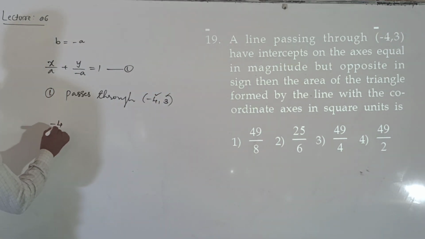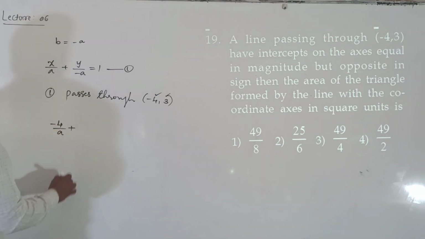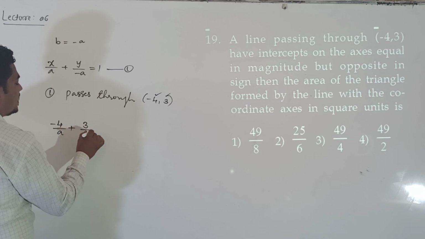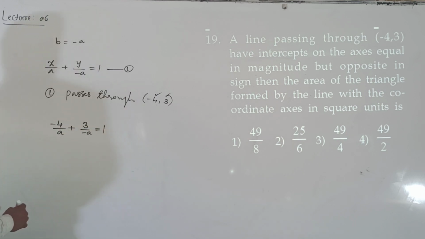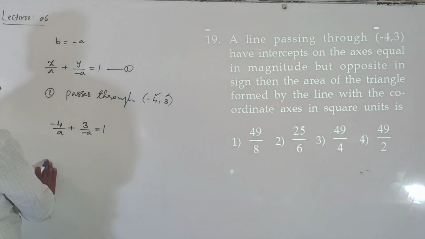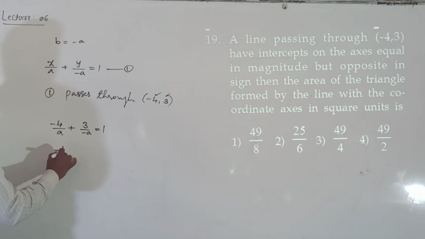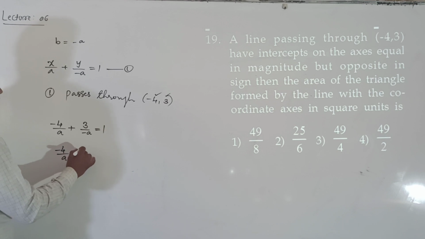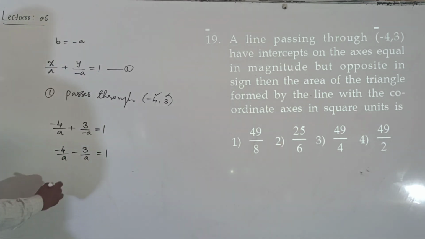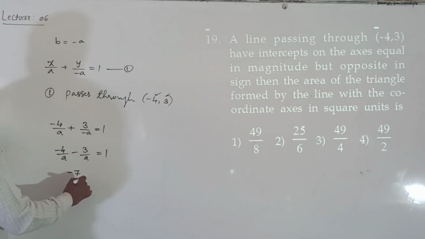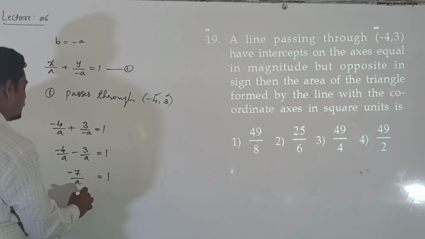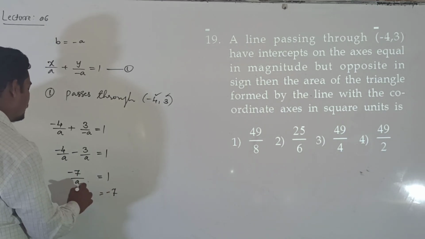Then it will be minus 4 divided by a plus 3 divided by minus a, that's equal to 1. Or else minus 4 divided by a minus 3 divided by a equals 1. After taking the LCM, minus 7 divided by a is equal to 1. Then a is equal to minus 7.